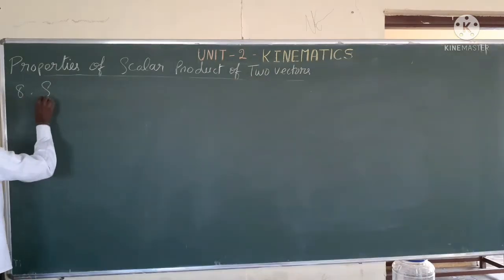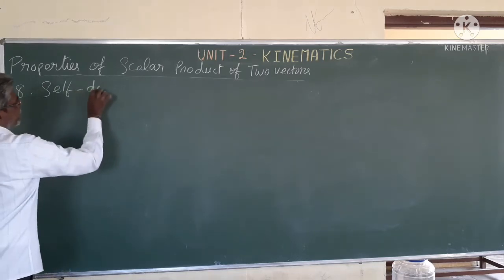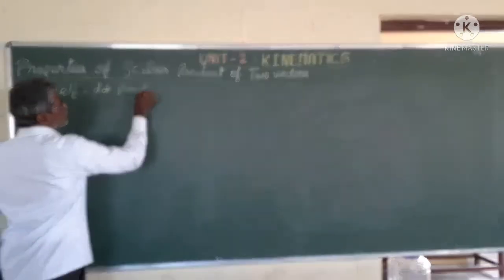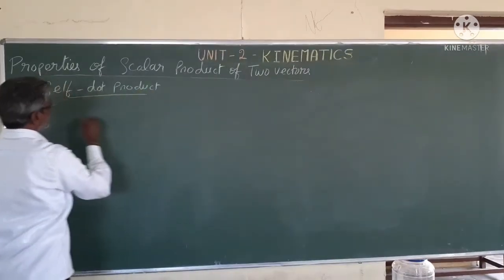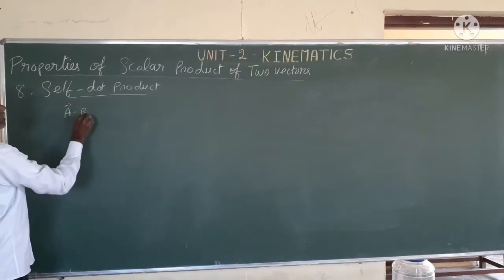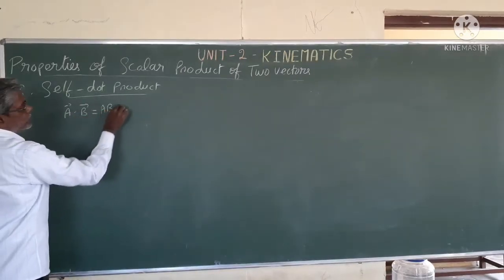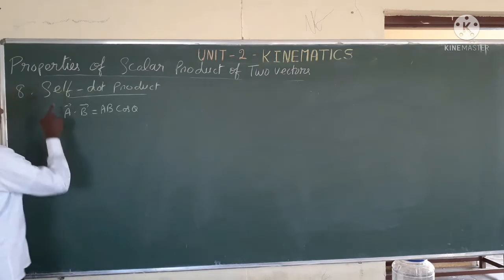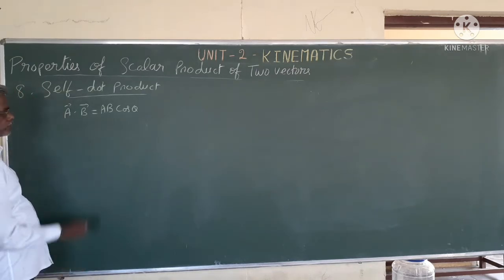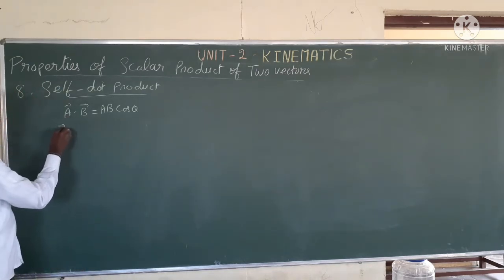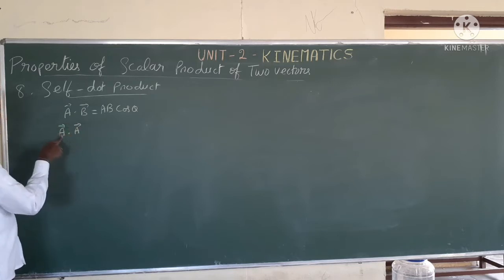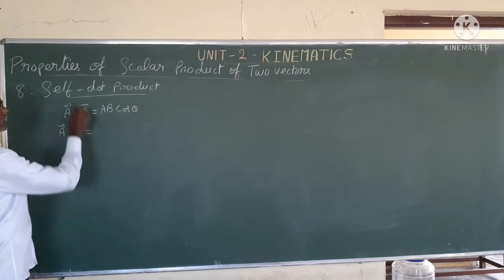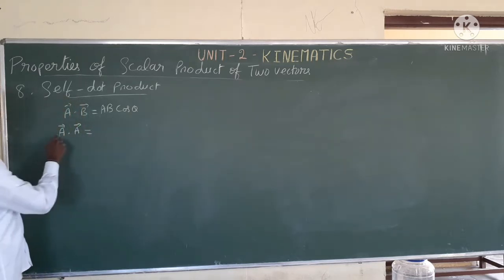Next property, self dot product. So in general you can write A vector dot B vector is equal to AB cos theta. What is self dot product? A vector with itself, we can call it the self dot product. So what will we get?